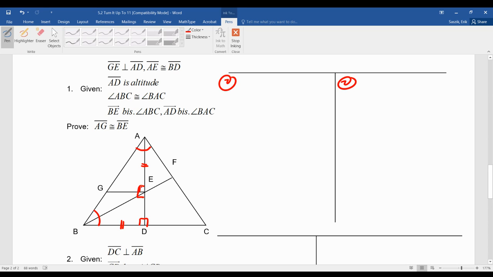They both have right angles, so that's a start. Hey, wait, we got this big angle congruent to this big. You know what? We can do this because it's going to take a lot of steps, but it's not a big deal. Just look ahead to see what you have to prove. So it looks like I'm going to want to have this little angle congruent to this little angle. So I'm going to take care of that first.